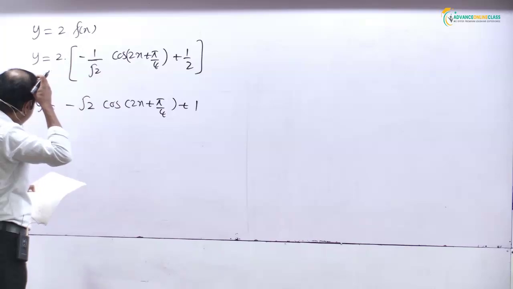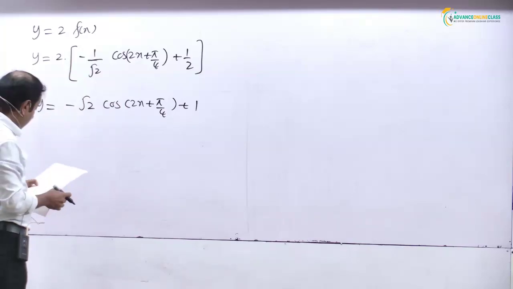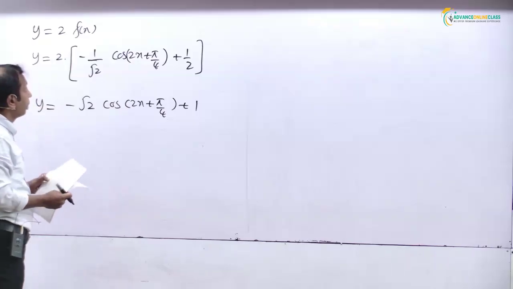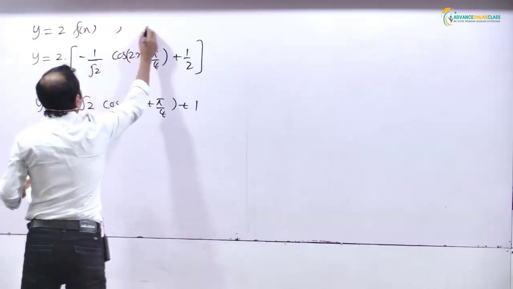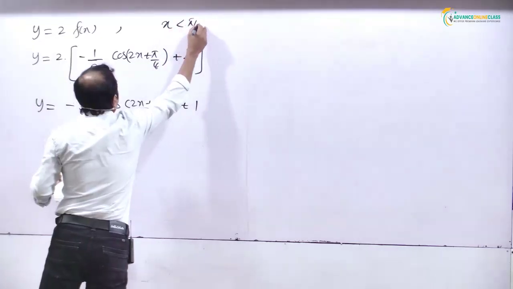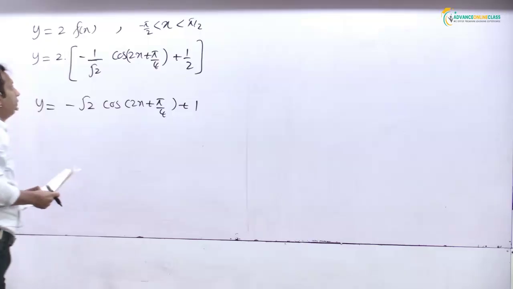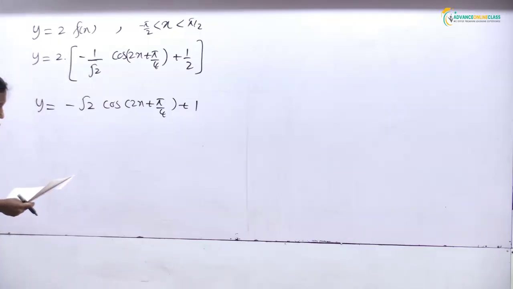Right. We need to sketch the graph in the interval minus pi by 2 to plus pi by 2, right? Okay, in this interval. Right. Y equals 2f(x) is asking, right?